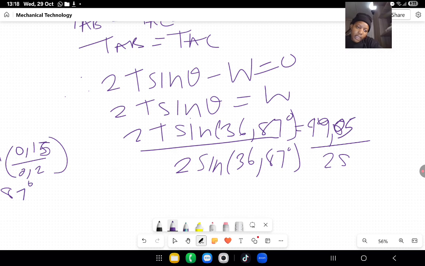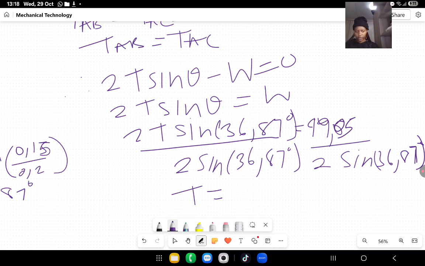So we'll be left with tension equals 49.05 divided by 2 sine 36.87. So our tension is 40.875 newtons.